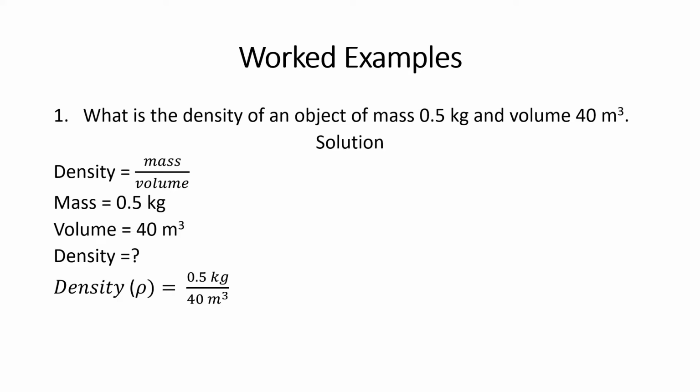So when you use your calculator to do 0.5 divided by 40, you'll get 0.0125 kilogram per meter cube. The unit is very important, so you need to attach the unit to the value. 0.0125 kilogram per meter cube.